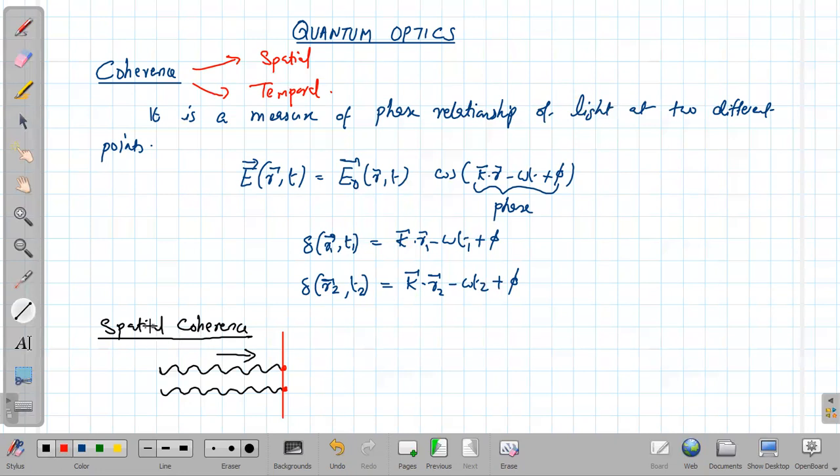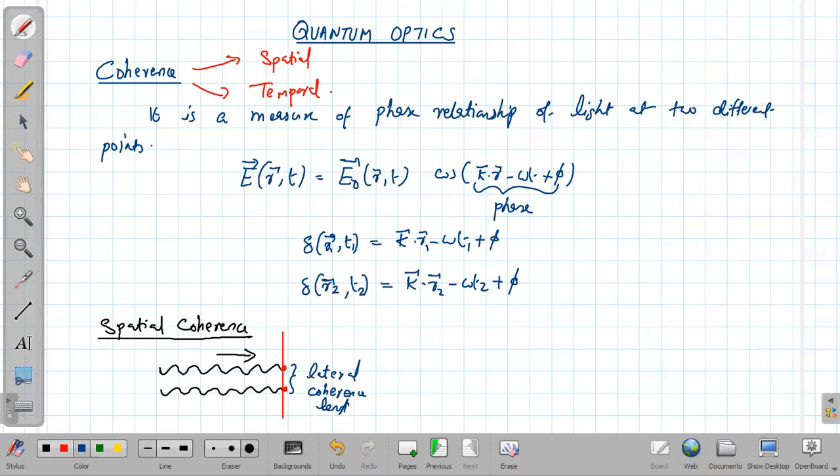We call the distance over which the light is spatially coherent the lateral coherence length. Suppose only up to this distance the wave is coherent, and above this distance the wave is not coherent. Then this distance we call the lateral coherence length.